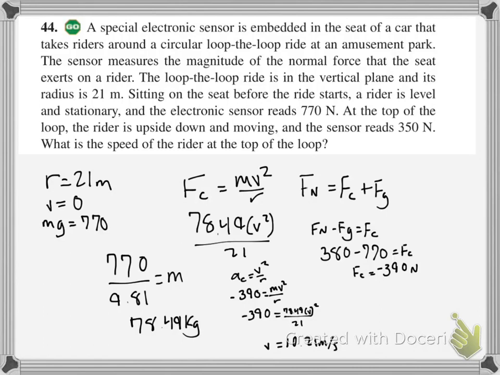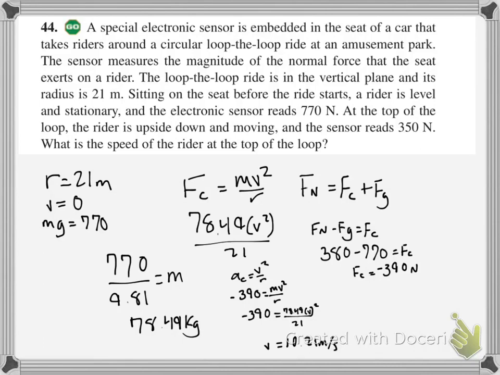It will be a lot more practical. So 770 divided by the force of gravity would give us 78.49 kilograms. So we know the formula for centripetal force, which is mass times velocity squared divided by r.